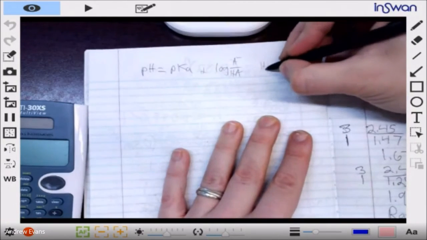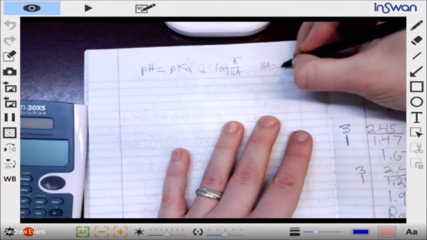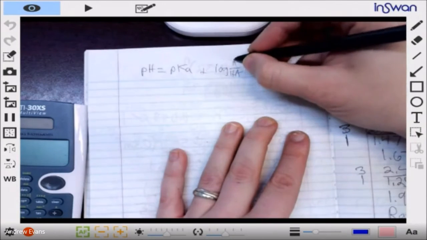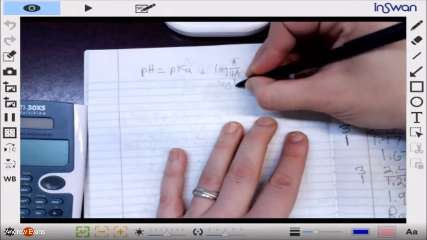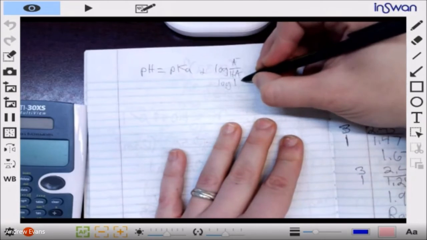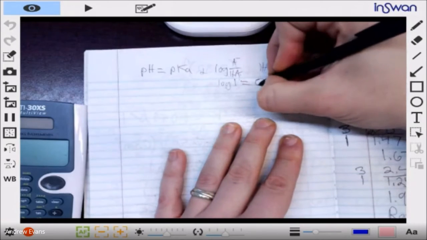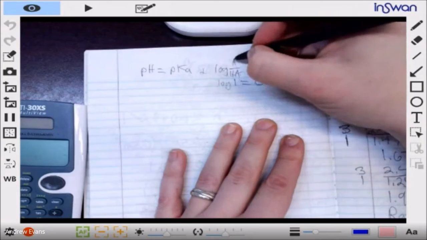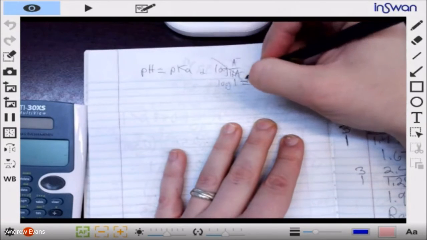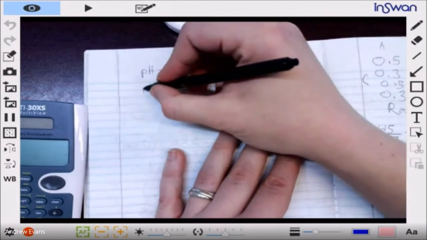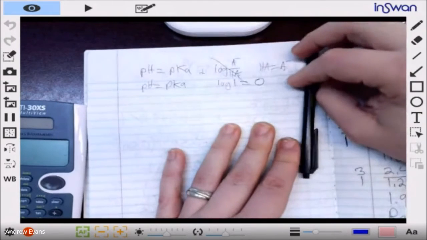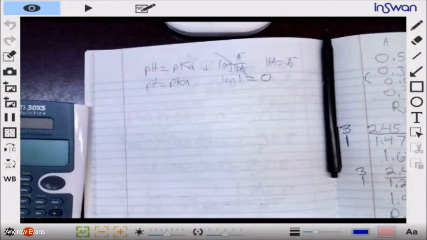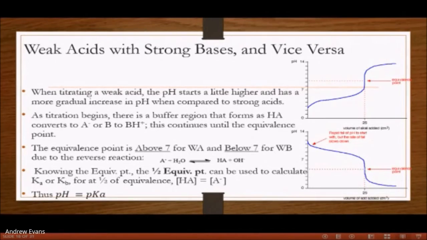If A minus equals HA, this whole term cancels out to be log of 1. Log of 1 equals 0. So when these two are equal, this whole term drops out and you're left, at half equivalence point, with pH equals pKa.